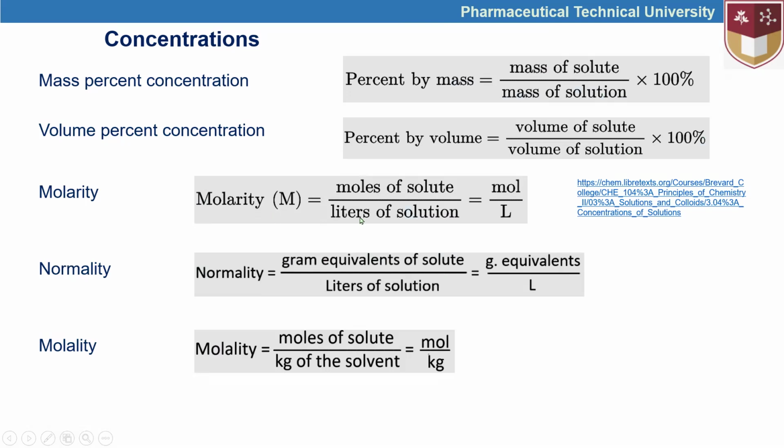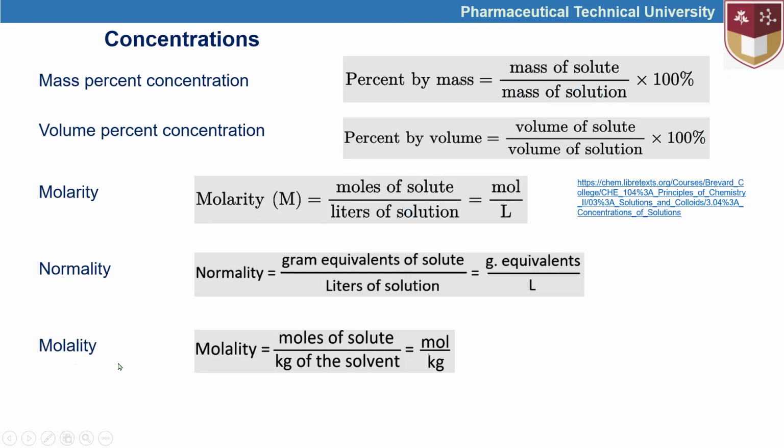Molar concentration stands for the number of moles of solid in 1000 milliliter of solution, and normality is equal to the gram equivalents of solid in 1000 milliliter of solution. For molarity, we use mole over liter, and in normality we use gram equivalents over liter.